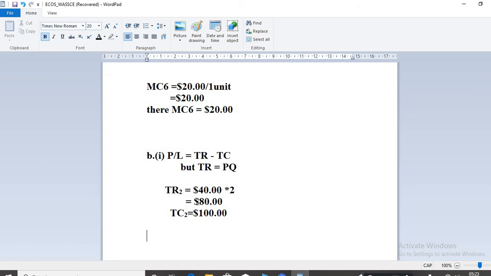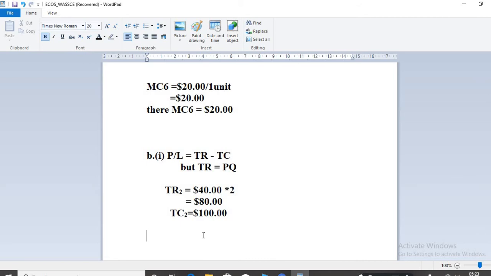So from here, the total revenue is $80 and the total cost is $100. So obviously the business is making a loss. If the company is able to sell 2 products, then they are going to make a loss.